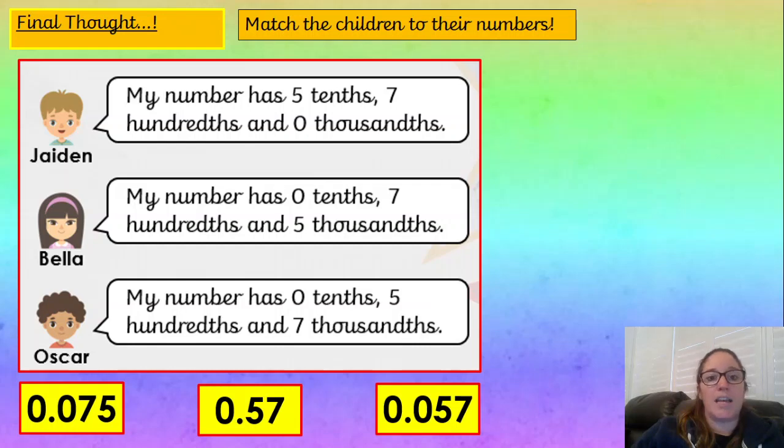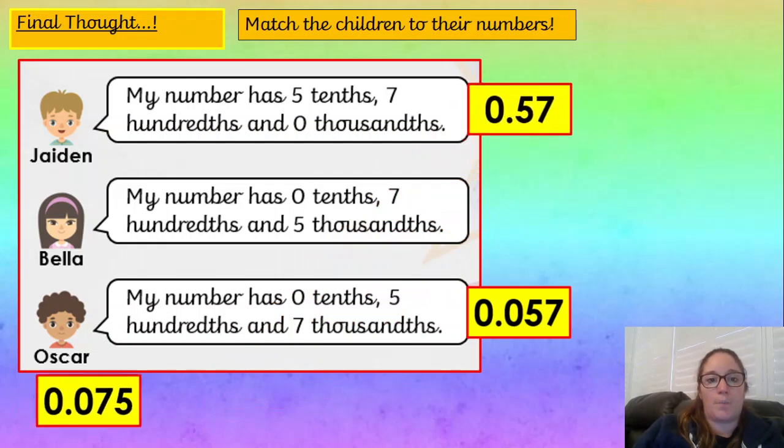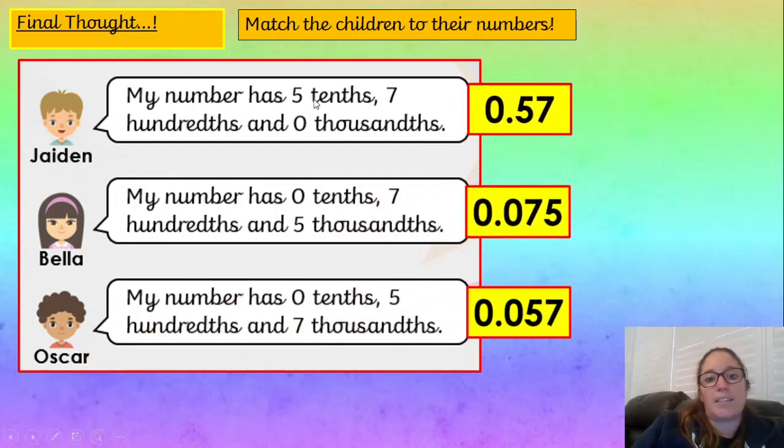Okay, so Jaden has got 5 tenths. Which of these numbers have 5 tenths? Oops, I've done the wrong order again. In that case I'm going to show you. So Jaden has 5 tenths. We know this is tenths, this is hundredths. Bella has a number with 0 tenths.